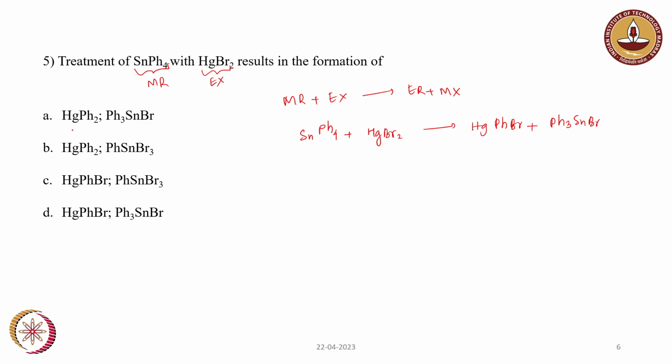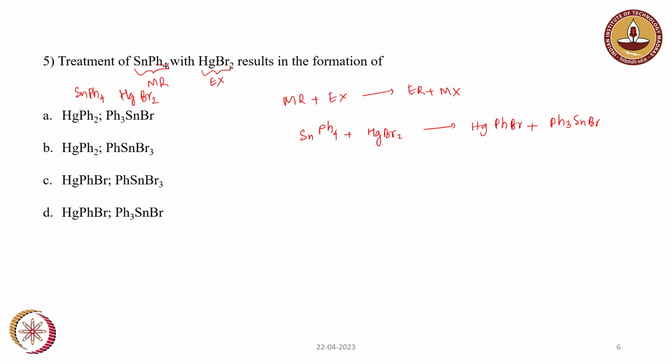So you can see why this one is not forming, because in SnPh4 there are 4 Ph present. So SnPh4 and HgBr2. If we give 2 phenyl groups, there will be 2 phenyl on tin remaining.